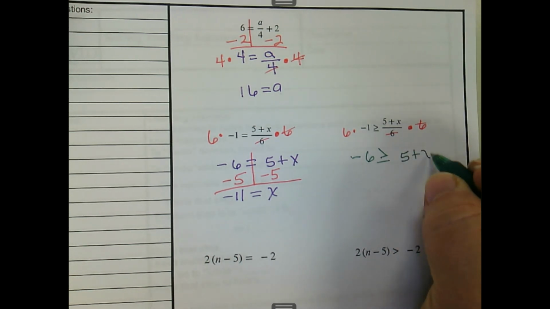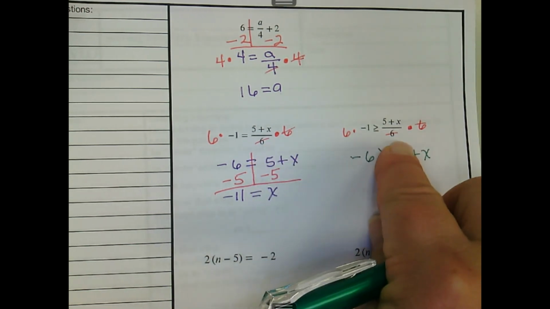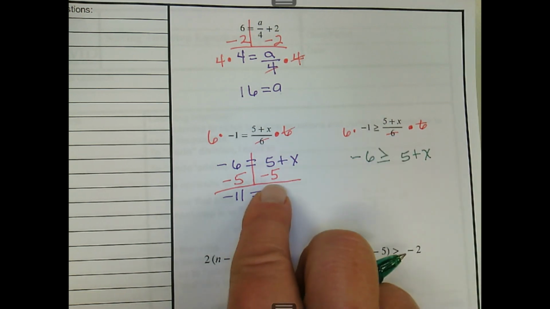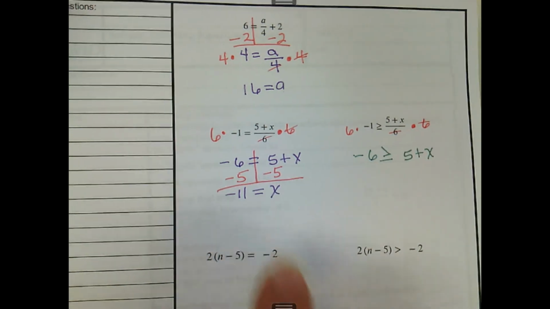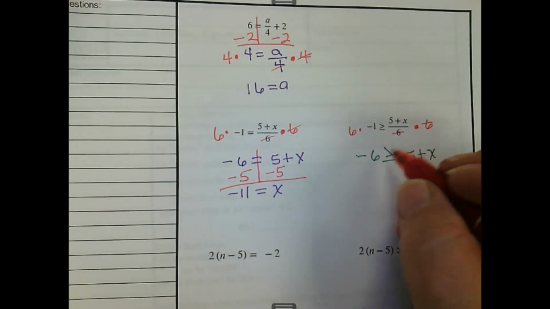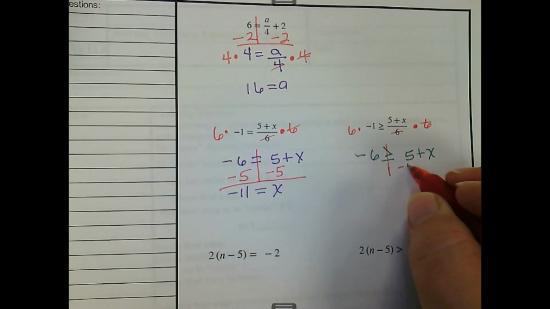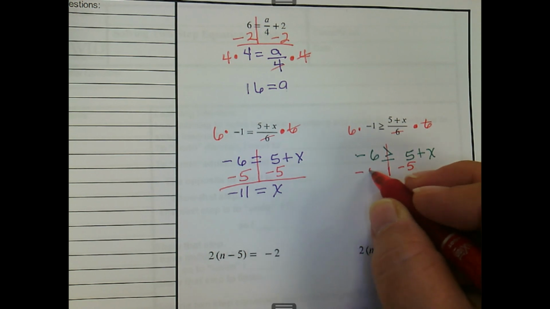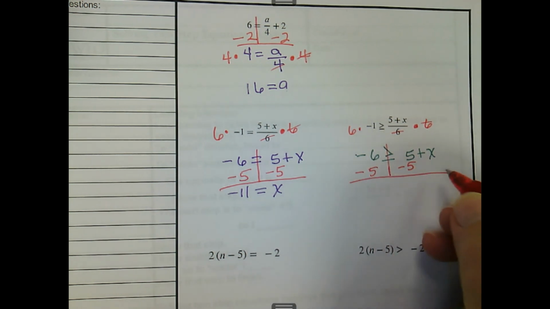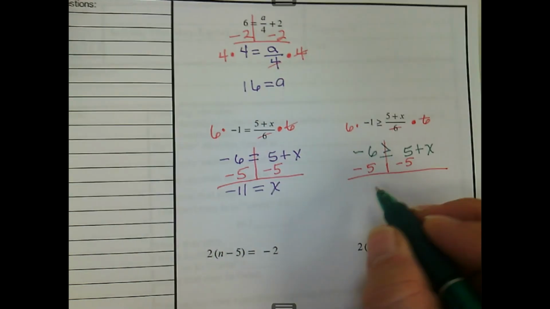5 plus x. This step, exactly the same. Next step is exactly the same. What is the opposite of positive 5? Negative 5. What I do to one side, I've always got to do to the other.